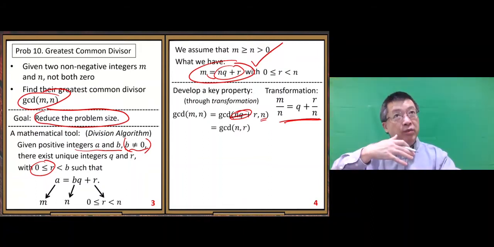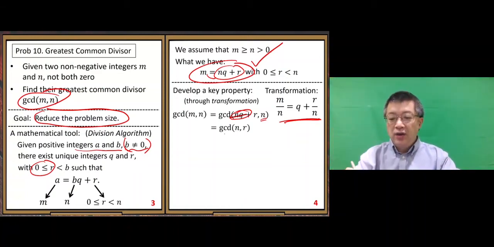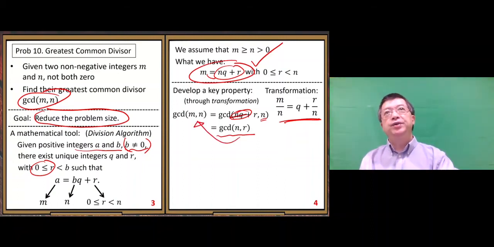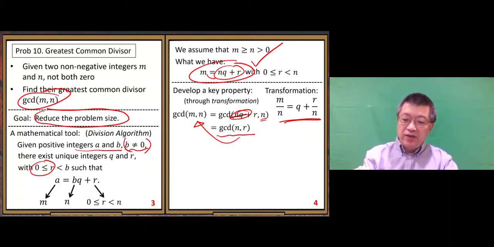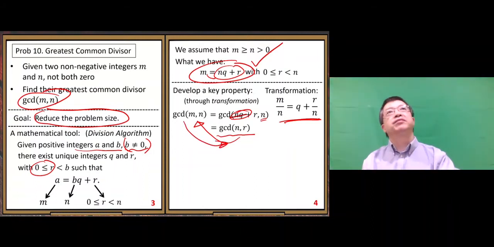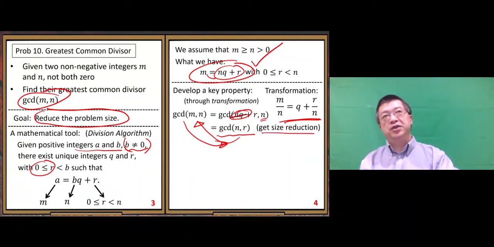Now, after removing that nq part, we get a GCD of two numbers, n and r, and this time the problem size is reduced. So this formula gives us the problem size reduction.